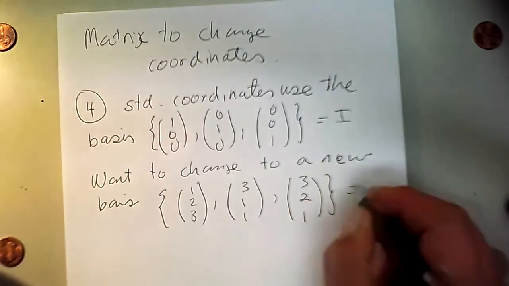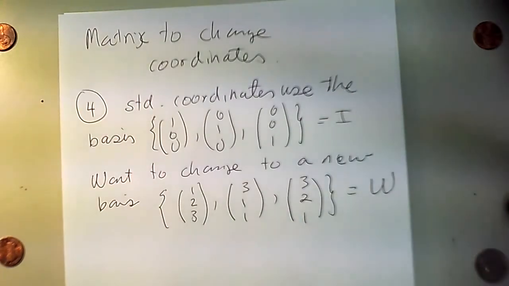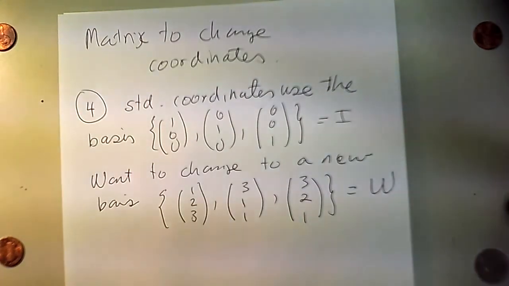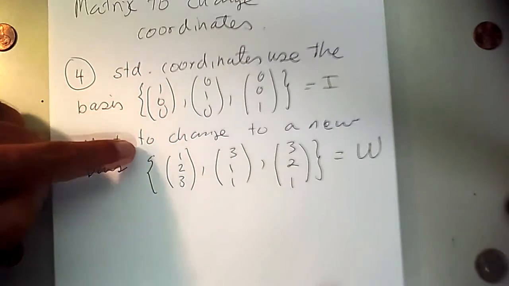I'm going to label this basis as W, big W, because it's weird. It's a weird basis. And it's an arbitrary basis, and it's kind of weird, I have to admit. So I want to change coordinates of that into that.